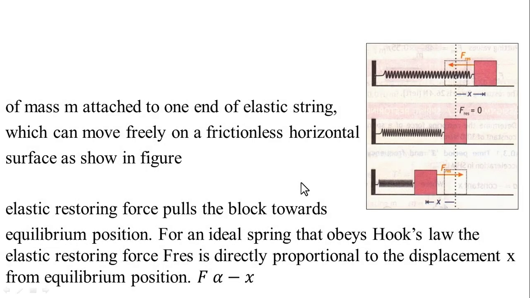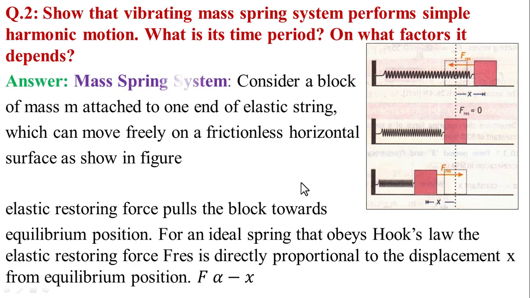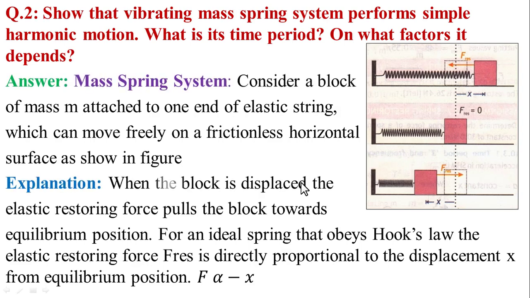Next, question number 2: show that a vibrating mass spring system performs simple harmonic motion. What is the time period and one factor affecting it? First of all, see the diagram.